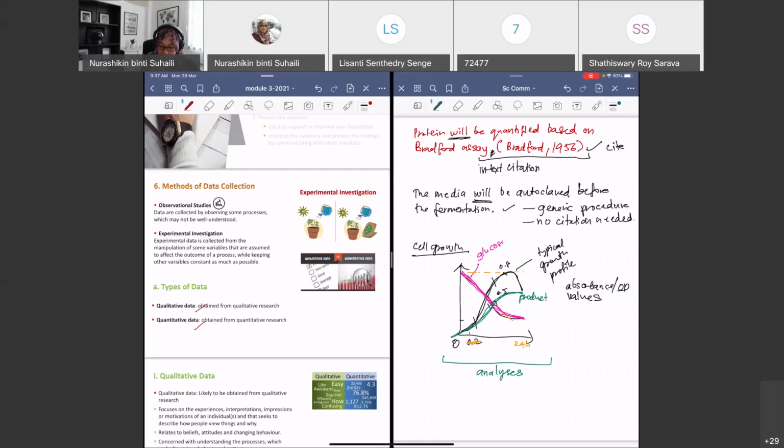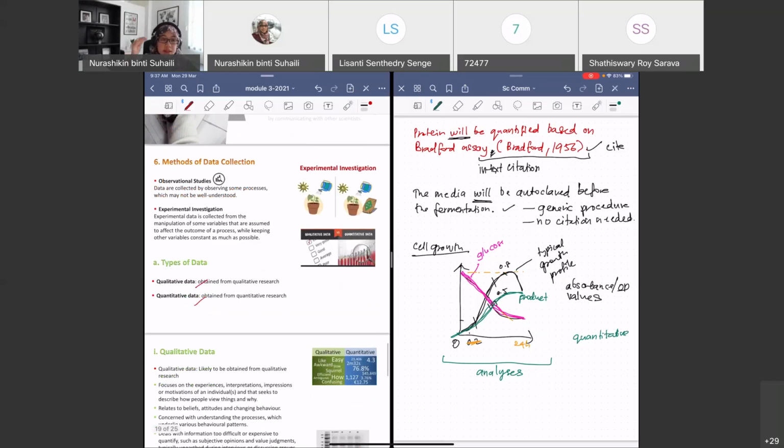So how do you know which one your data is? It depends on whether it's numeric or not, whether you need to describe characteristics. In this case, it's something to do with quantity, with numbers. So obviously your data is quantitative, right? That's why you have the numbers.